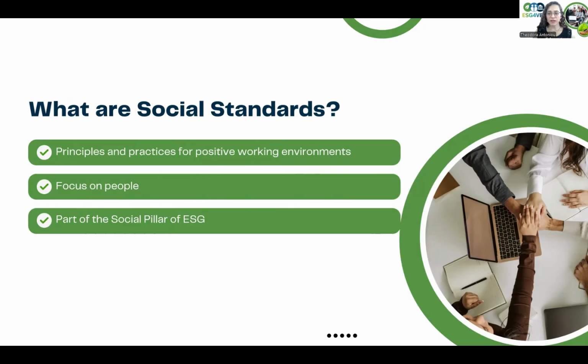For example, organizations should provide equal opportunities, protect employees from discrimination, support diversity, ensure safe working conditions, and respect everyone's privacy. These principles are part of the social pillar of ESG. Strong social standards help organizations build trust, improve employee satisfaction, and create workplaces where everyone can contribute and succeed.